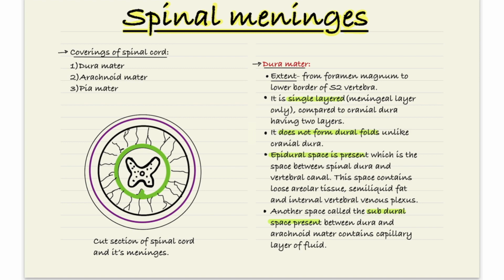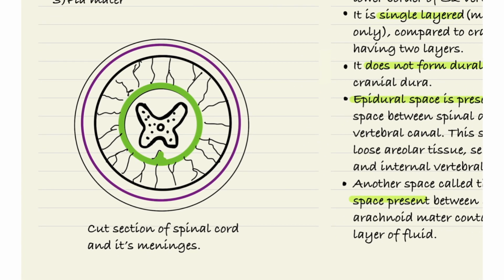Spinal meninges, or the coverings of the spinal cord. There are three in number from outside to inside. They are dura mater, arachnoid mater, and the innermost pia mater. Let's see in this diagram. The green part is the pia mater. This black part is the arachnoid mater.